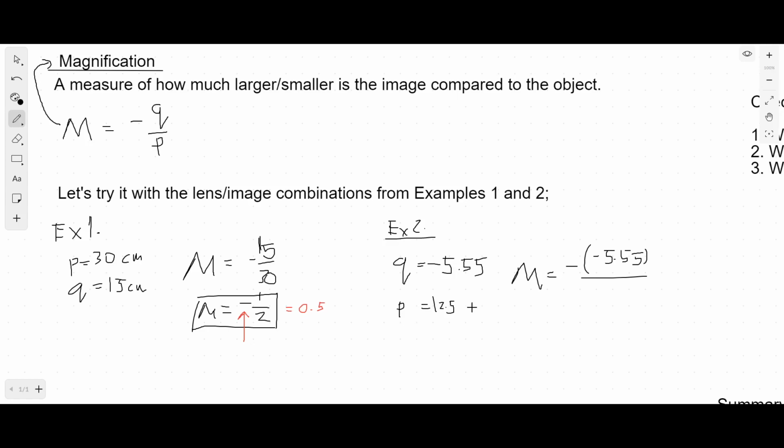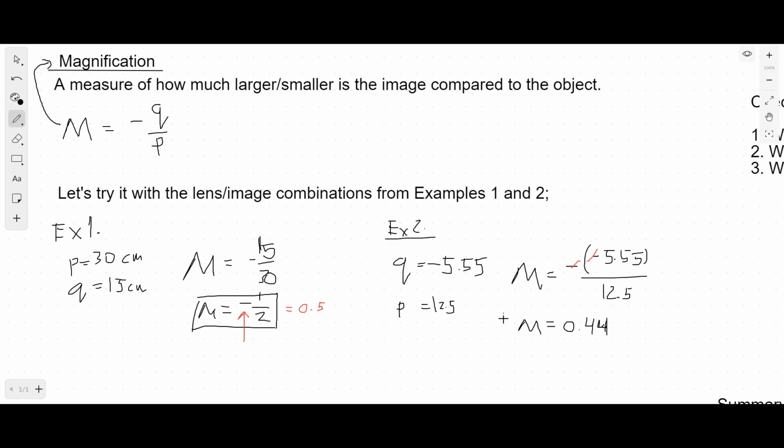We'll put it over 12.5. So let's do the math. The negatives cancel with each other, and we get a positive number. I'll put this in my calculator real quick: 5.55 divided by 12.5. If we do that, we'll get 0.44.